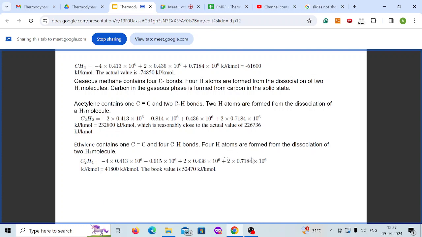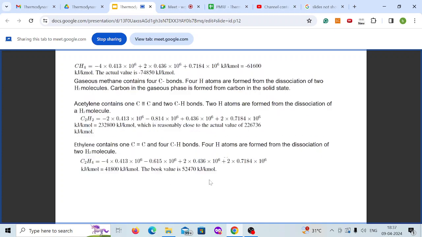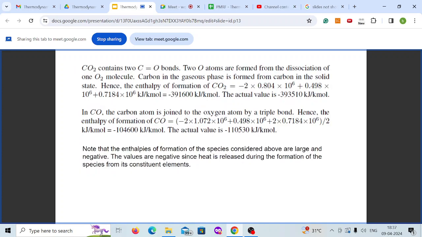This is the carbon. This gives you 41800 and the actual value is 52470. So this method gives you a fair estimate of the enthalpy of formation. The actual value can be found from the table. This is just to show how we can get a reasonable value.